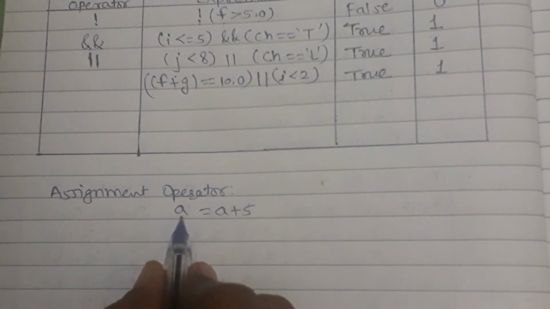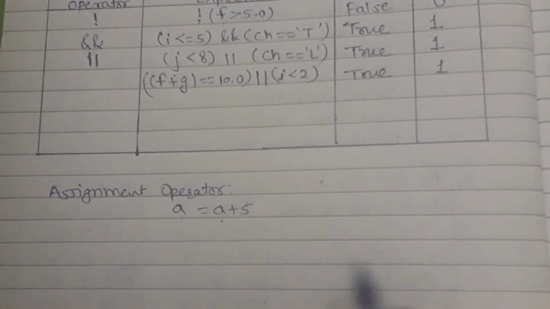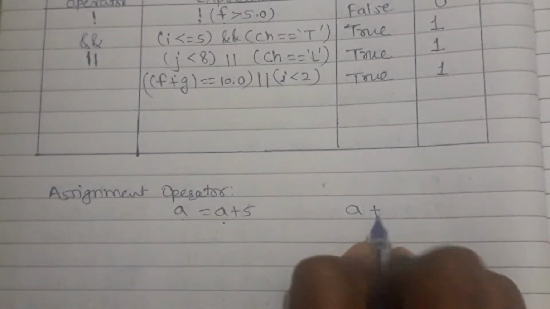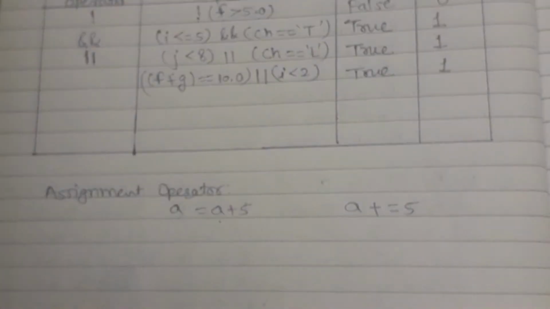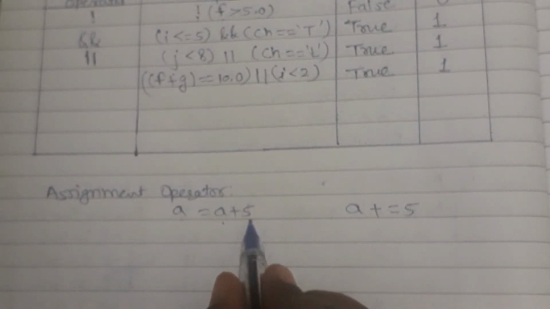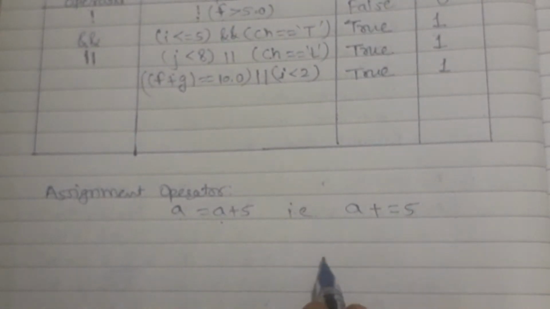Here the value which is present on the left side and on the right side are both the same, and we can write this expression as a plus equal to 5. A plus equal to a plus 5 can be written as a plus equal to 5.